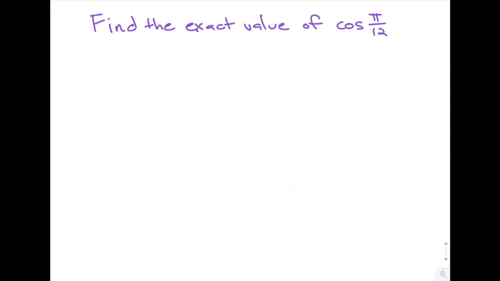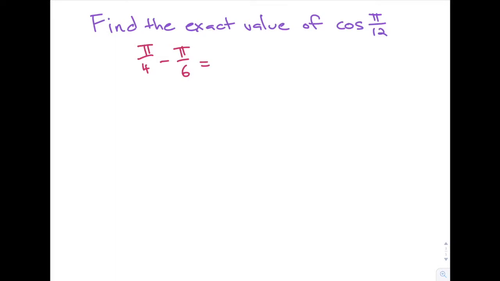Now, find the exact value of cosine pi over 12. I don't know what a special right triangle might look like for pi over 12, but if we're clever, we can figure out that pi over 12 is the difference of two well-known angles. For example, I might propose pi over 4 minus pi over 6.